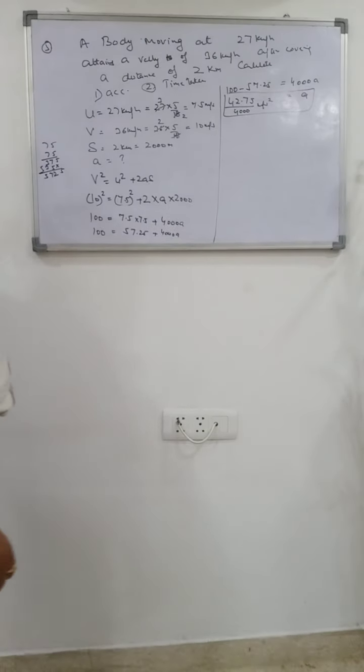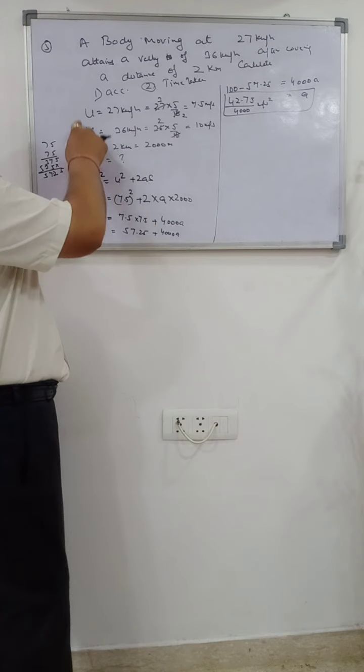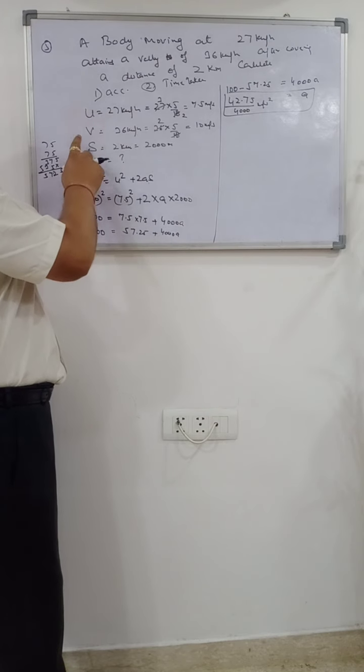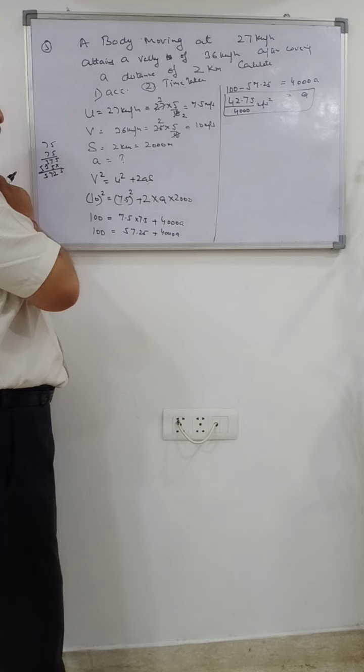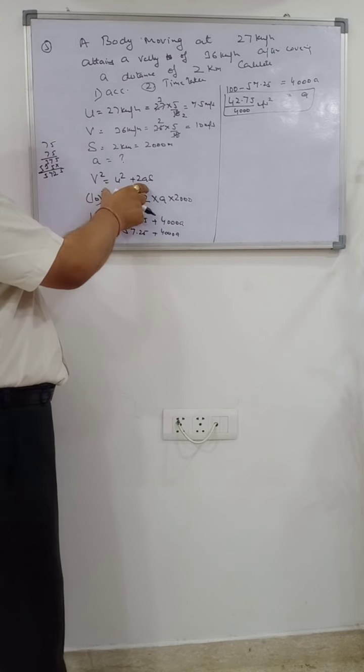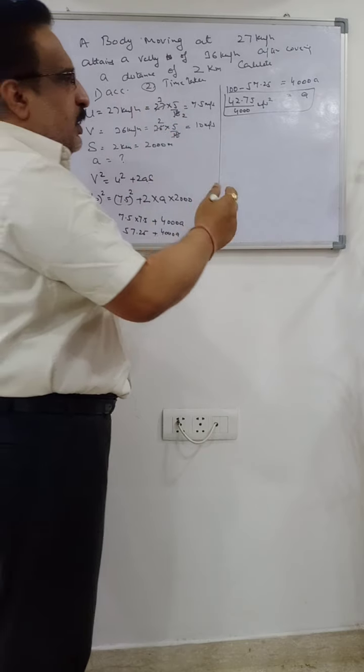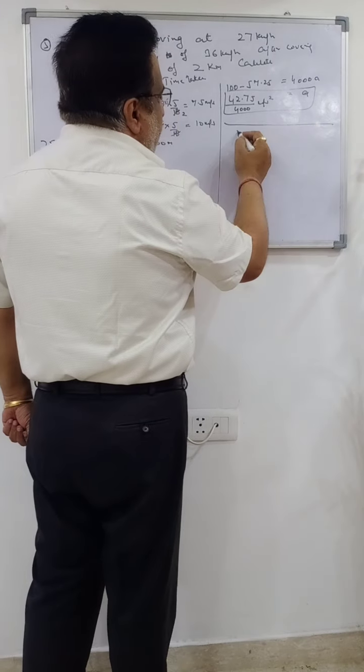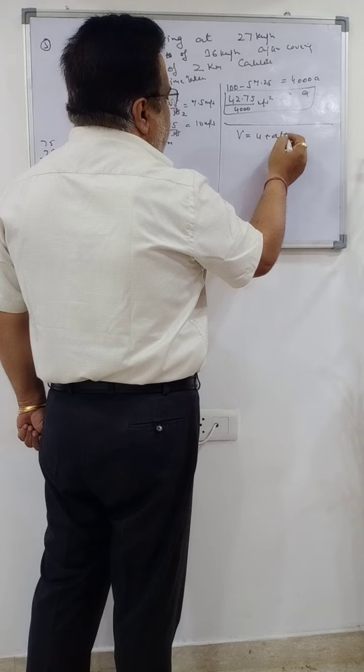Second thing was time taken. For time you have V, you have U, you have A also, and T. You can use the first equation for time. Even the second equation you can use, no problem. Once you have found one quantity with one equation, you can use any other equation for the other quantity. But here I am using V is equal to U plus AT.